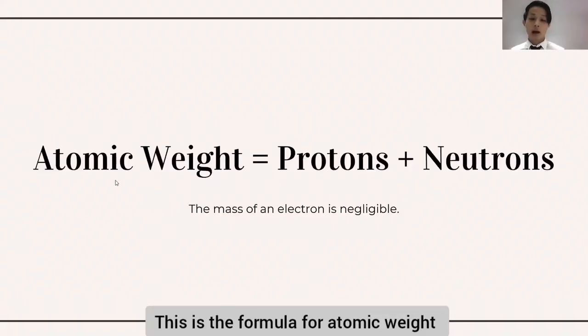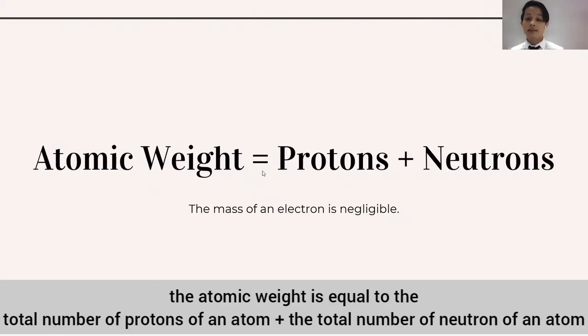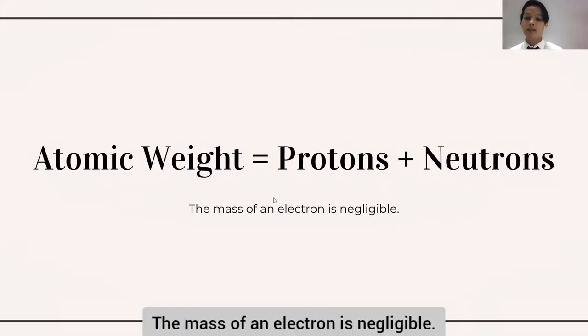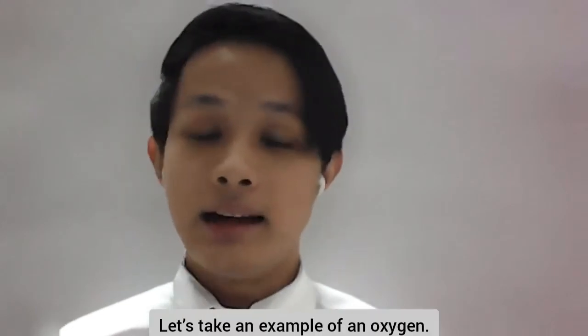This is the formula for atomic weight. The atomic weight is equal to the total number of protons of an atom plus the total number of neutrons of an atom. The mass of an electron is negligible. Let's take oxygen as an example.